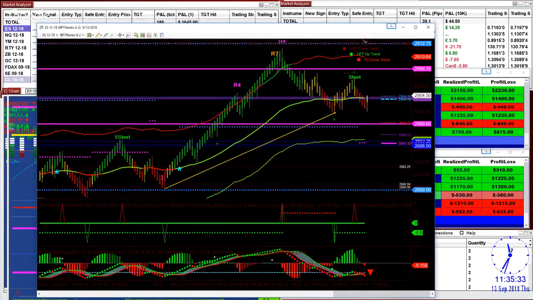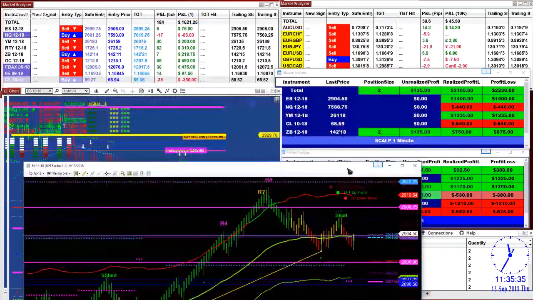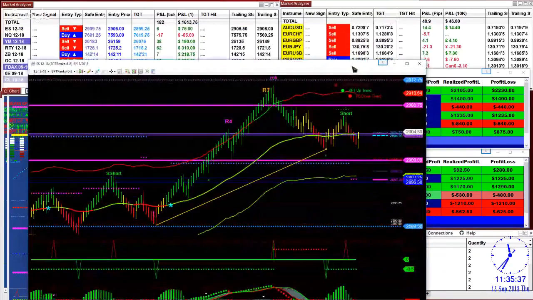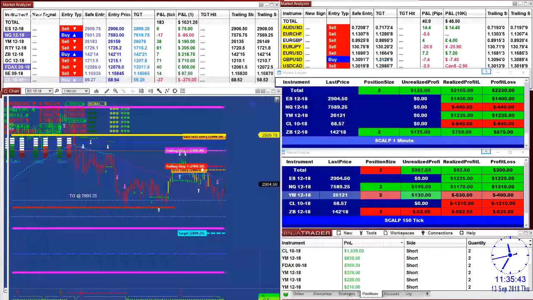Okay, did this market decide to move? Let's see. Well, we're going to stay a little bit longer to see if we are able to get some new signals for you before any targets. Maybe the market is going to go up.